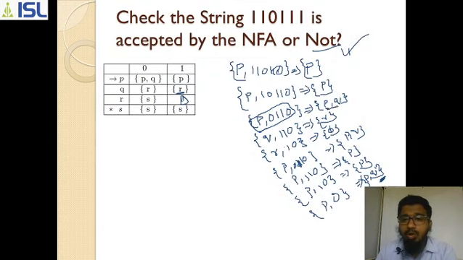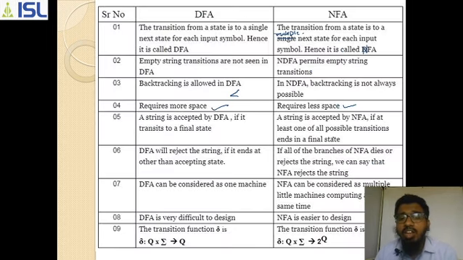It means we are getting two possibilities, and if any one of them reaches a final state, then the string is accepted. A DFA will reject the string if it ends at other than an accepting state. If all of the branches of NFA die or reject the string, we can say that NFA rejected the string.